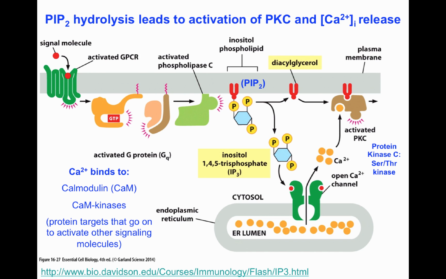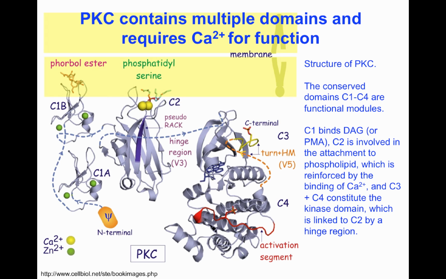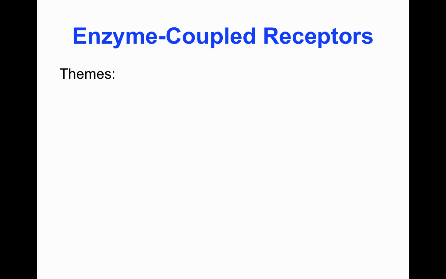IP3 can diffuse to the cytoplasm and reach the endoplasmic reticulum, where it will bind to an IP3-dependent calcium channel, opening the channel and flooding the cytoplasm with calcium ions. At the same time, the diacylglycerol molecule is able to recruit protein kinase C. Together with calcium, that will activate the protein kinase C and allow that molecule to now be a functional kinase.